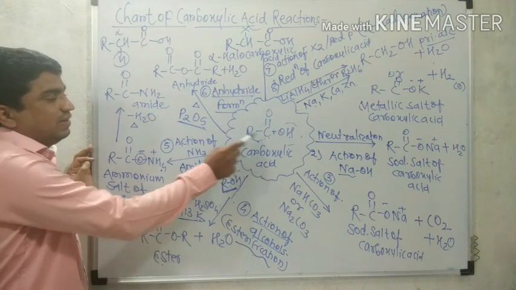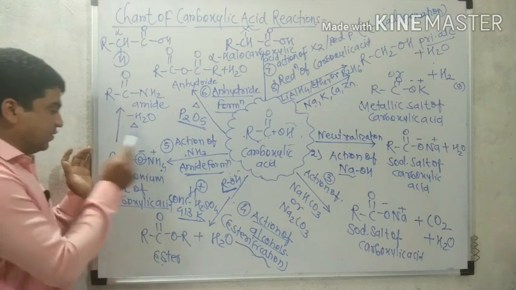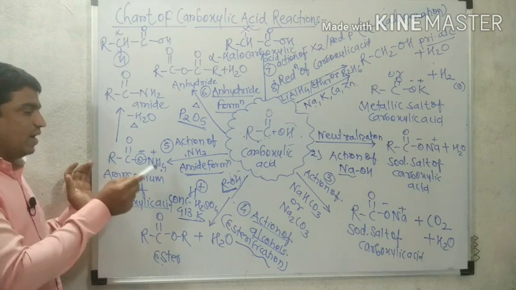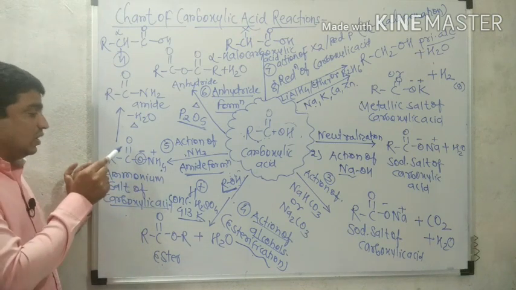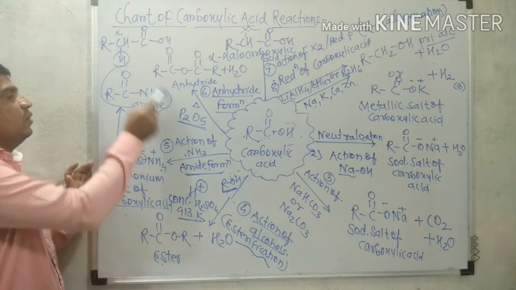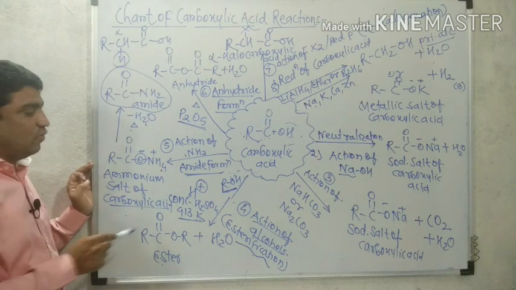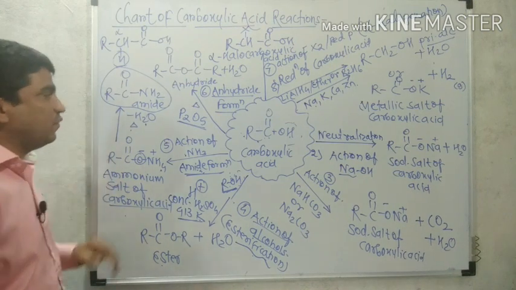When carboxylic acid reacts with ammonia, NH3, the reaction firstly gives the ammonium salt RCOO-NH4+, which loses water when heated. At last we get amide, RCONH2.